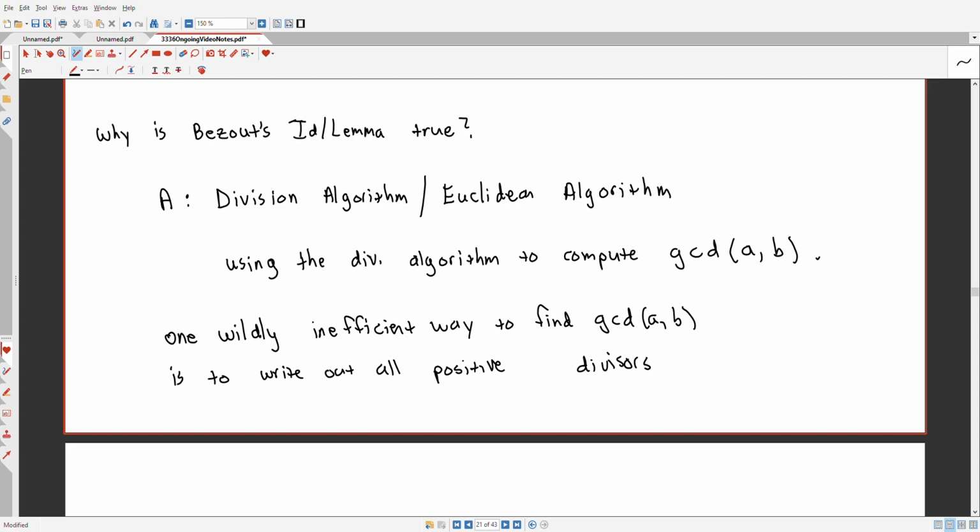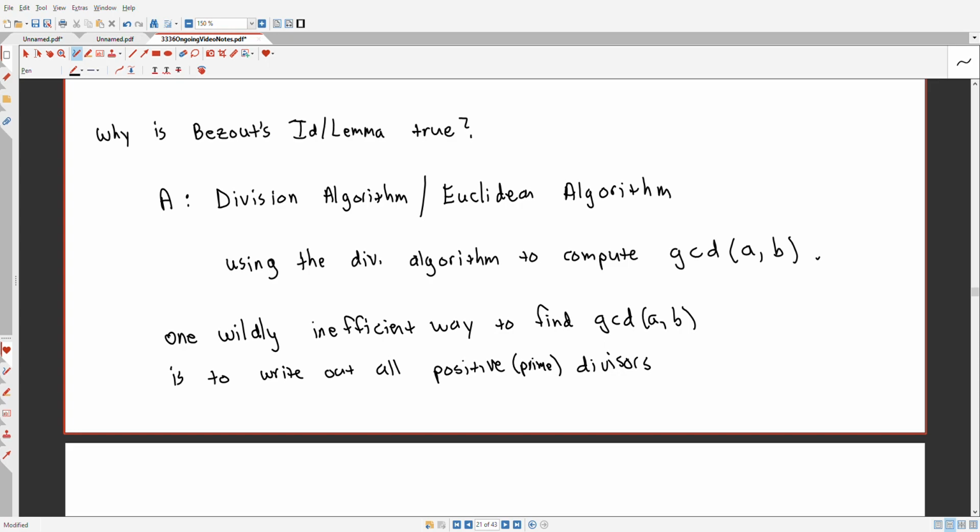And you can imagine trying to program a computer to tell it to do this. If you start with a big integer a and a big integer b, this is going to be some inefficient searching algorithm. You're going to write down a big list of divisors and a big list of divisors for b, and then you're going to tell it to compare, see which ones it has in common. That's going to take up a lot of time. Even if you say, well, let's just look through the prime divisors.